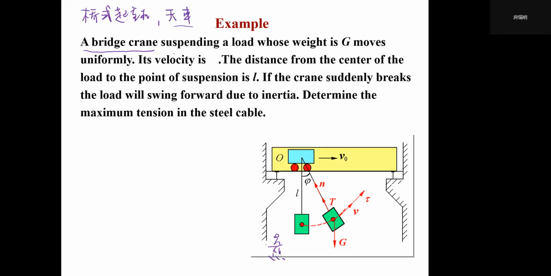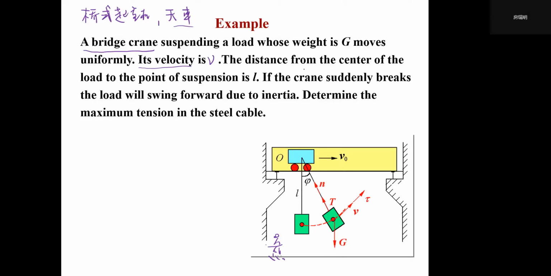So a bridge crane suspends a load with a steel rope, whose weight is G. G means gravitational force. It moves uniformly, and its velocity is, I think, v.